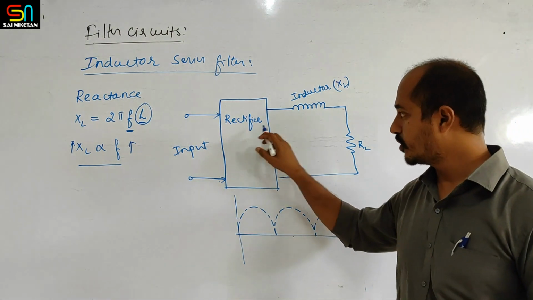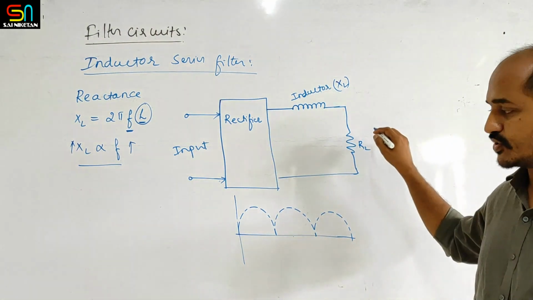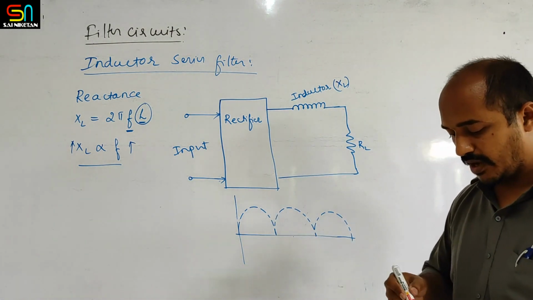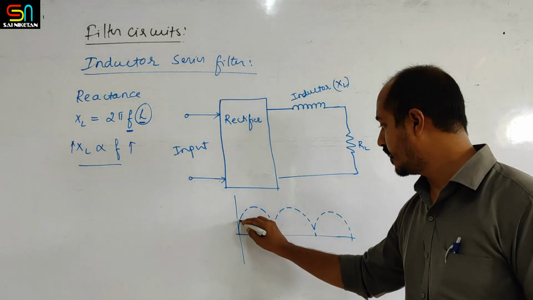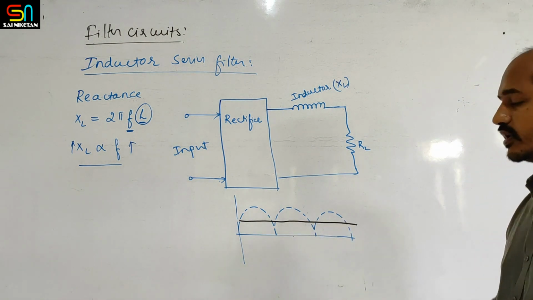Because of this reason, as the frequency increases, the resistance of this coil increases, so the particular high frequency voltage of the output of this rectifier does not flow through the load resistance. Only a particular value of voltage is flowing across the load resistor.